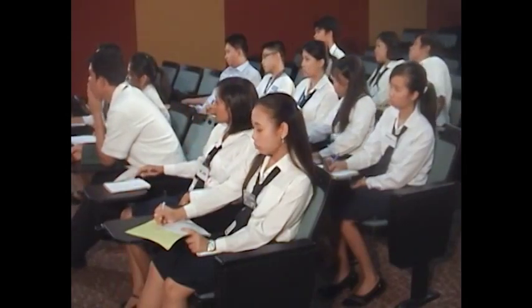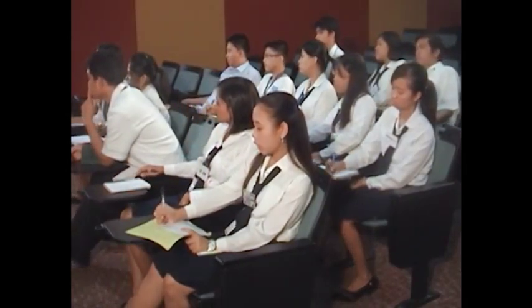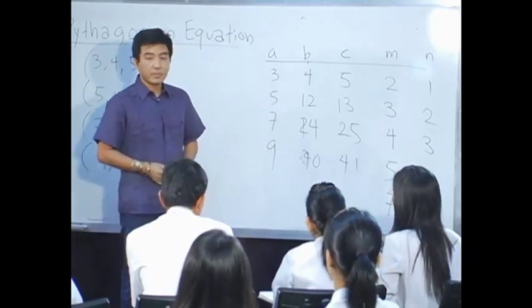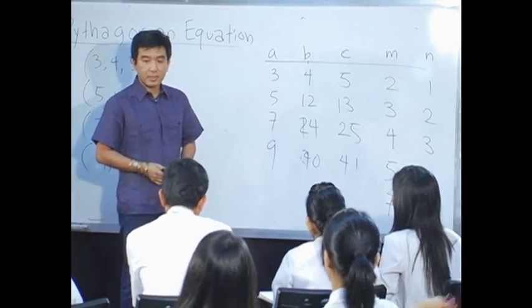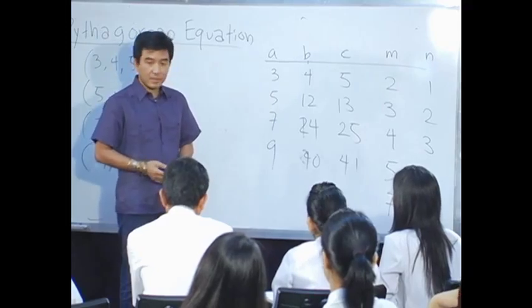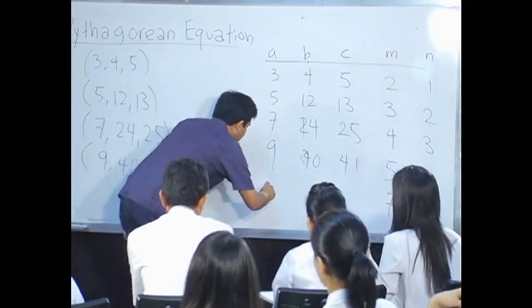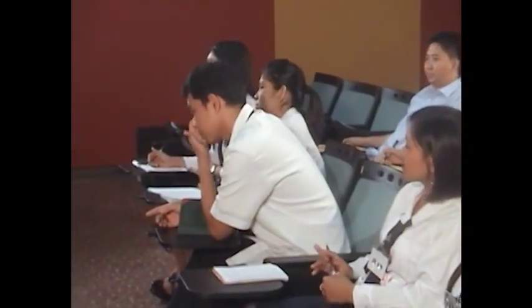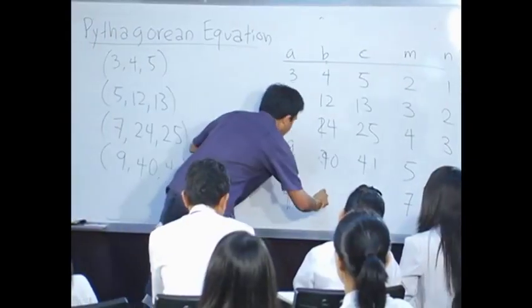We can check. 7 squared is 49 plus 3 squared, which is 9. 49 plus 9 is 58. So a must be 49 minus 9, which is 40. 2 times 7 times 3 is 42.